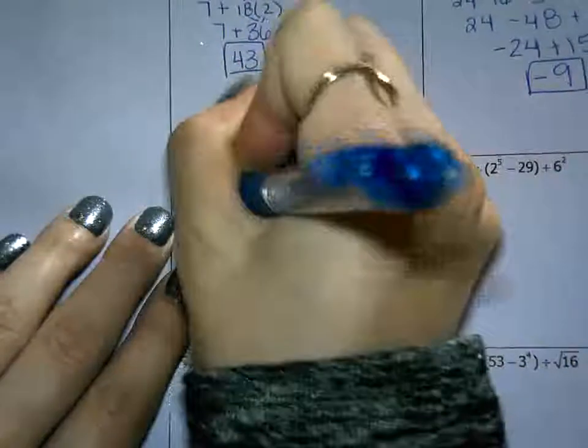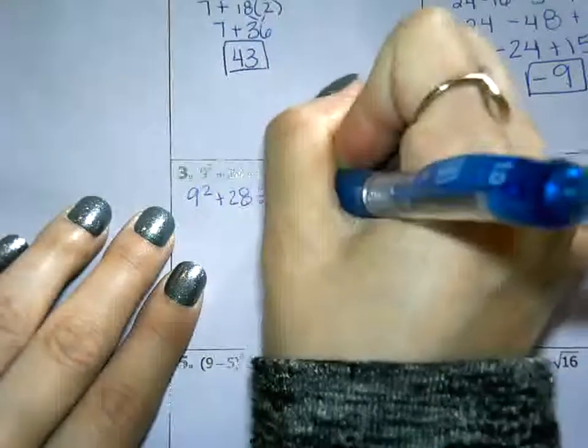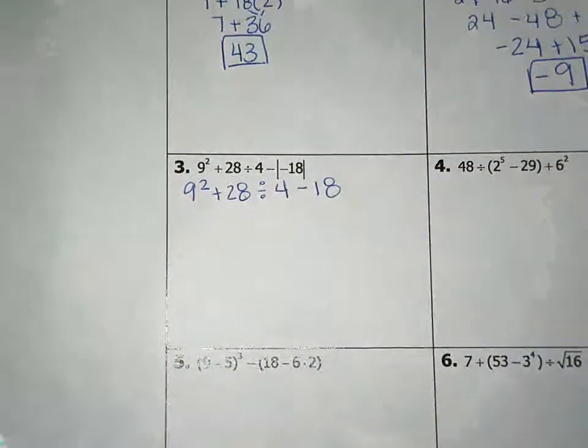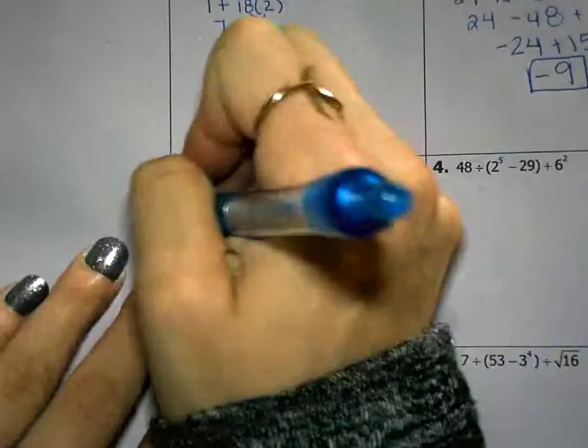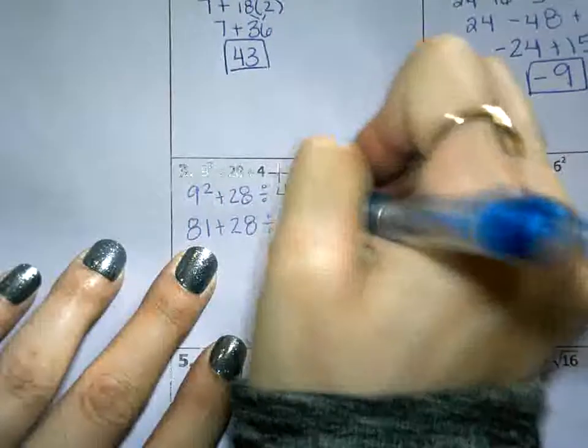So I'm going to rewrite the problem, the entire thing, that way I get rid of those absolute value signs and that negative sign. Now what? You do exponent. Good. 9 to the second is? 81. So I'm going to write 81, and I'm going to copy down the rest of the problem.